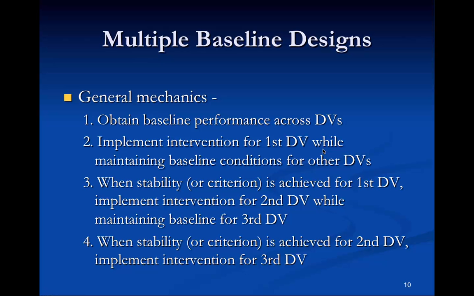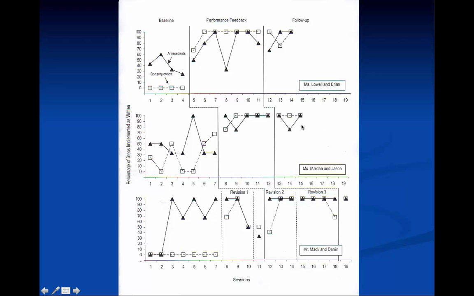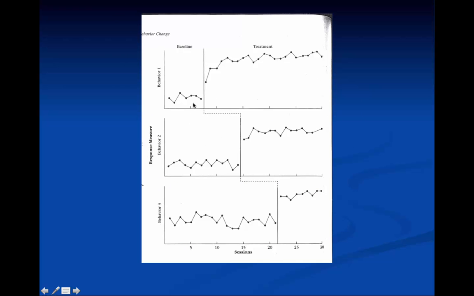So basically, the general mechanics which I just described, this is it in words if you do better with words. I do better with pictures, but we'll have them both. So you obtain baseline performance across the dependent variables, implement the intervention for the first dependent variable while maintaining baseline conditions for the independent variable. This is a clearer example.